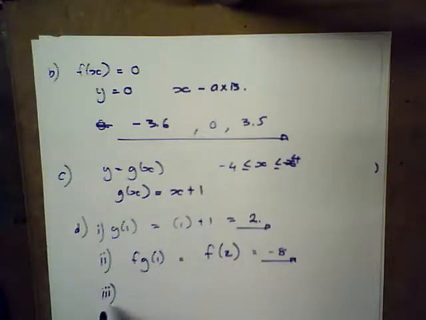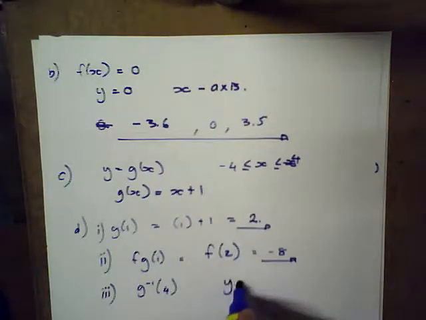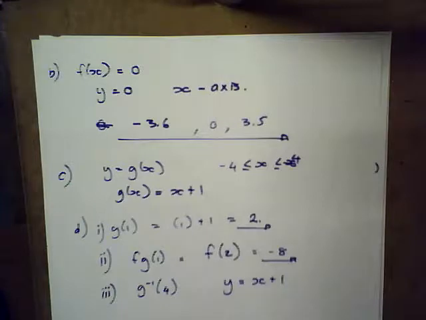So for question 3, it says find g inverse of 4. So I'm going to start off by saying y equals x plus 1. First, I'm going to find the inverse. So it's to subtract 1 on both sides. So x equals y minus 1.